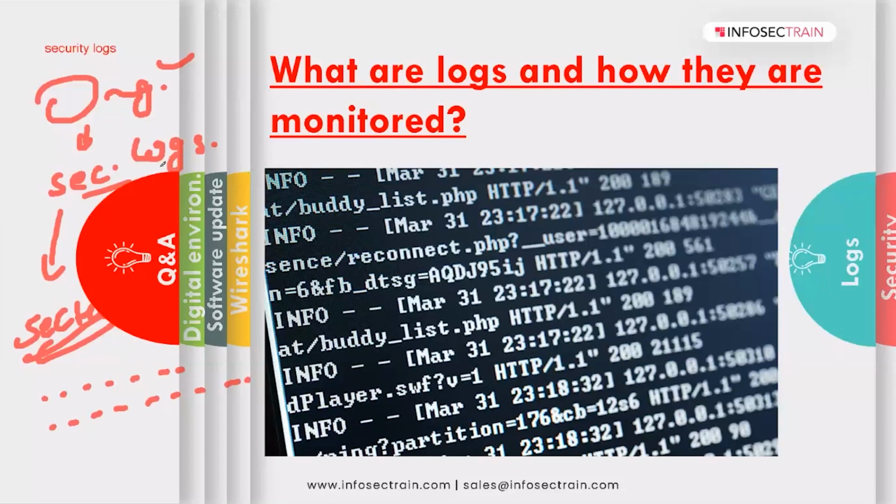Along with that, they perform an investigation, and through the investigation they identify vulnerabilities in the authentication system. They also implement some additional security measures to prevent future attacks. That is what we have in security logs.